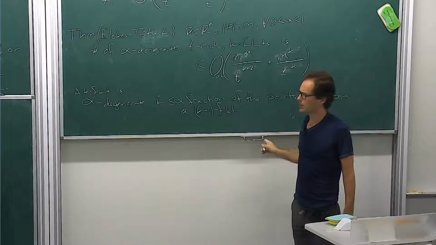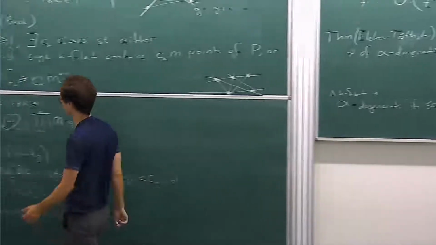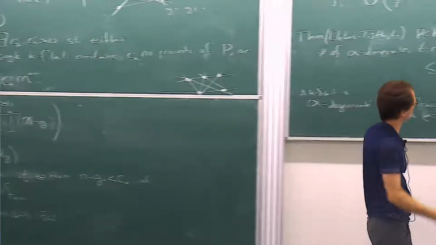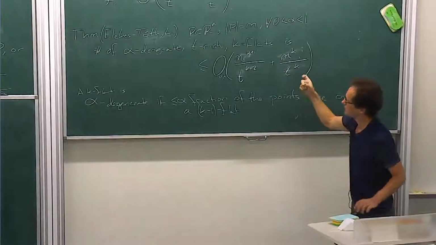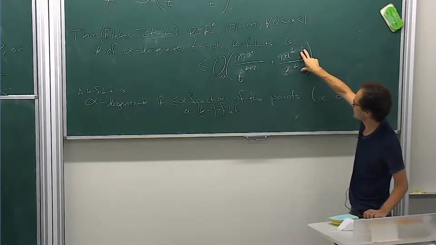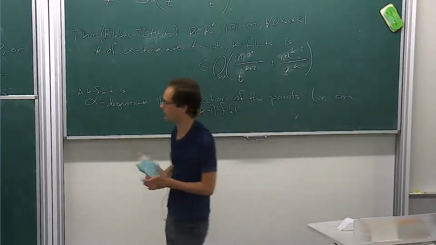Now there's an open problem related to this that I want to mention. So this bound is tight. And especially I want to focus on the second term here, and especially I want to focus on the case that we're talking about planes.